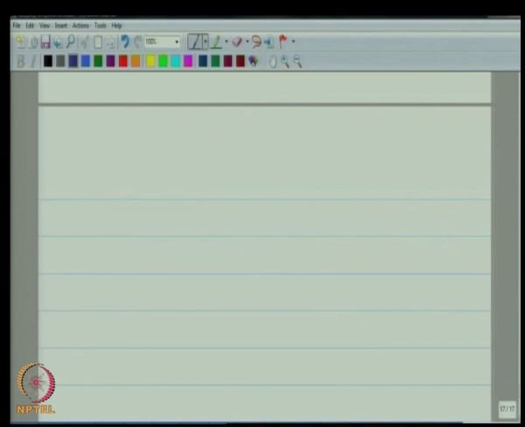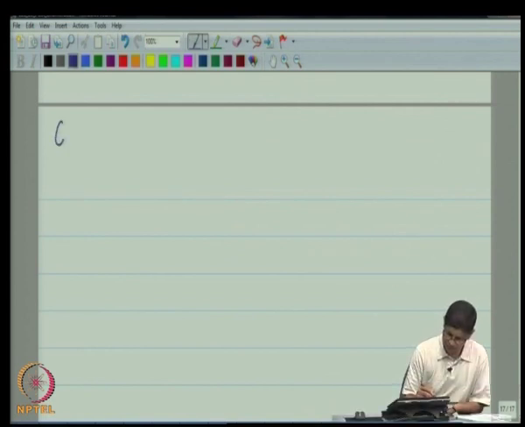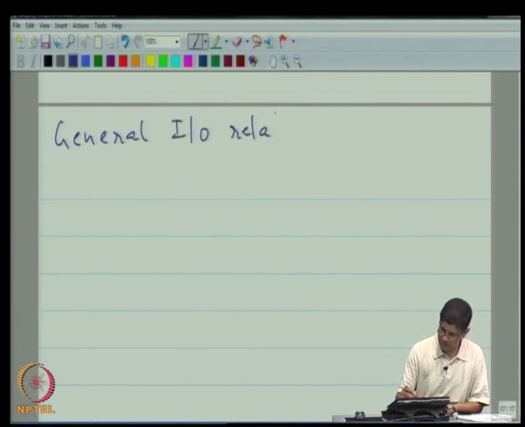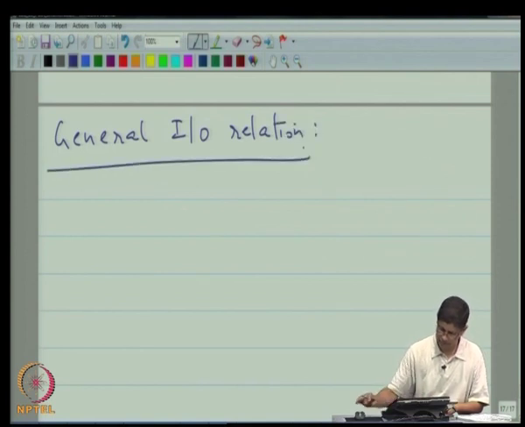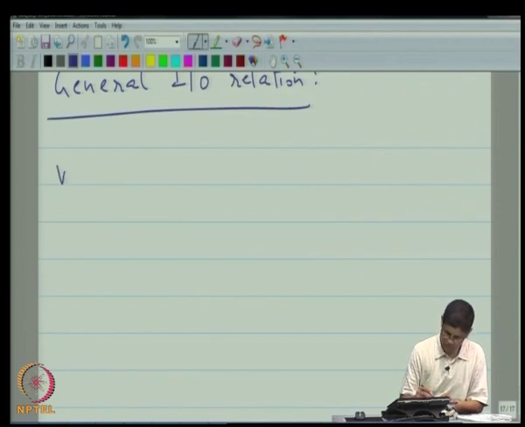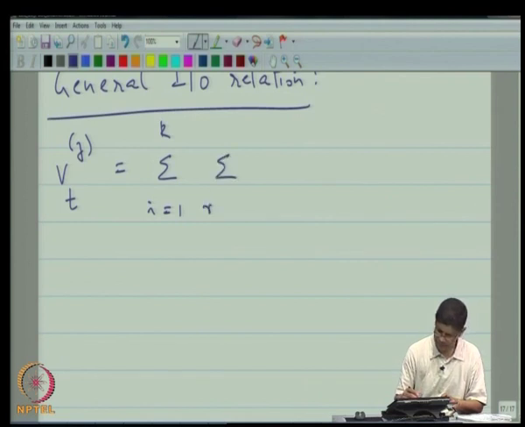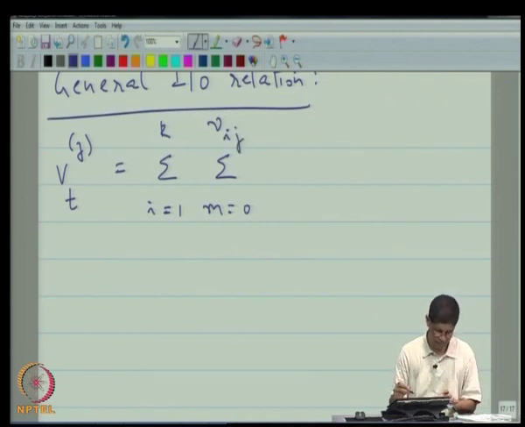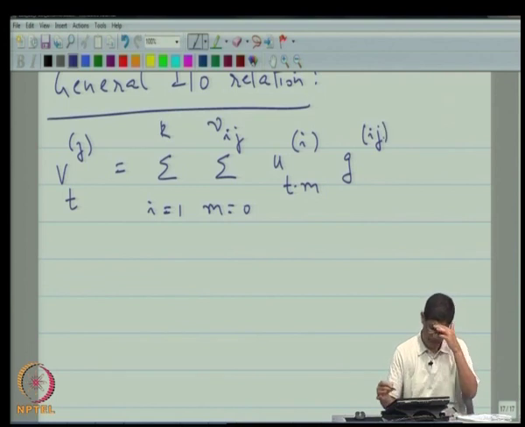The general input output relation in the case of a convolutional code is given by V, the jth output at time t, is the sum over i equal to 1 to k, the sum over m equal to 0 to nu i j, of u of t minus m of i times g i j m.